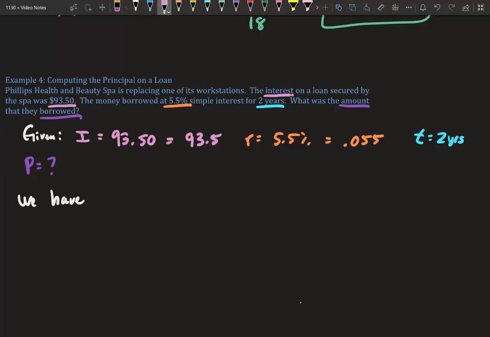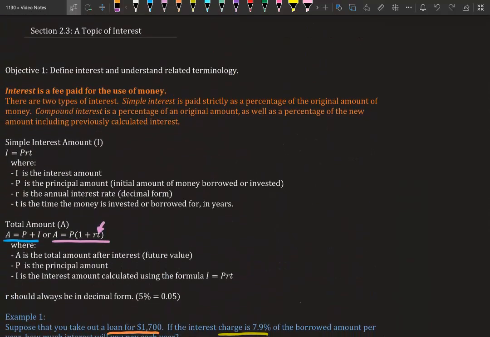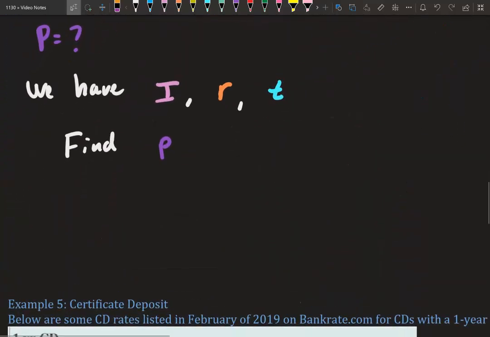We have an I, we have an R, and we have a T. We need to find P. So let's look for formulas that have PIRT. So if we look, I equals PRT, those are all of our variables. So we're going to use I equals PRT to figure out our P.